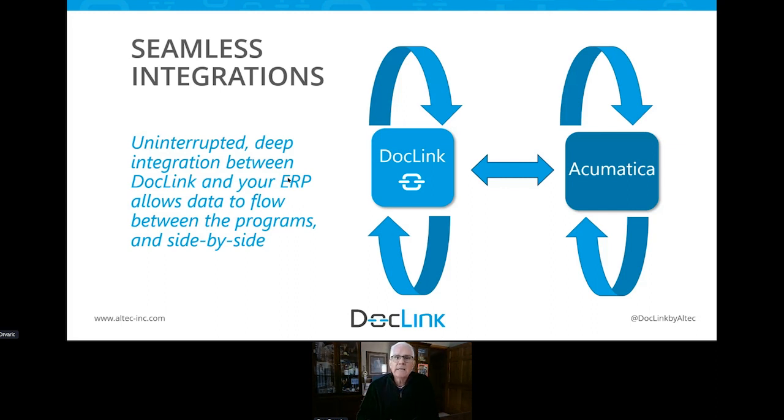And so Docklink, by working in parallel to Acumatica, can address the needs of every department in your company without necessarily having to acquire more Acumatica user licenses or even provide login credentials to employees who really have no business being in the ERP system. But for those who are in the ERP system, Docklink and the integration between the two programs is really very powerful.